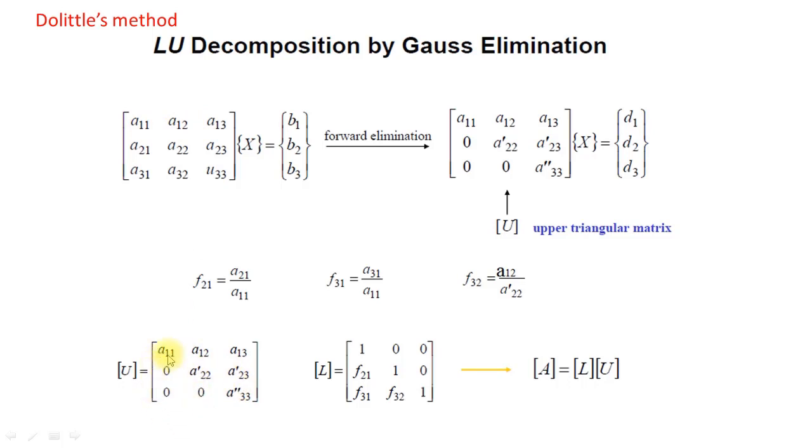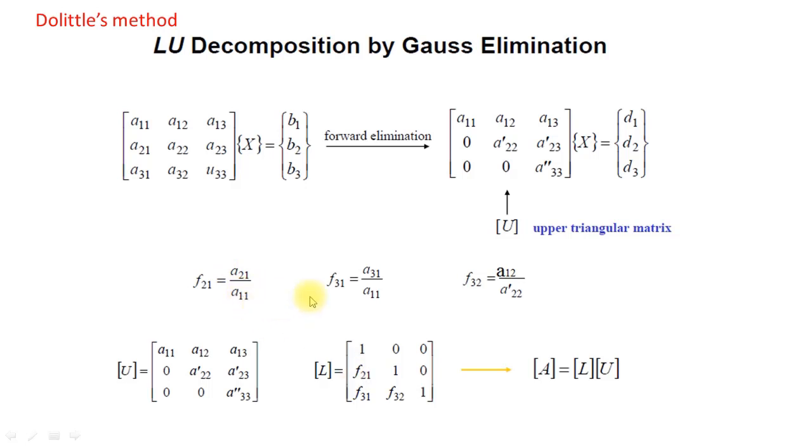And after obtaining the upper triangular matrix, we can easily find the lower triangular matrix. In the lower triangular matrix, on the diagonal we already have 1 1 1, and these 3 entries are 0. And then how to find these 3 unknowns? Suppose this is f21, this is f31 and f32. You can find these three unknowns easily by dividing a21 by a11.